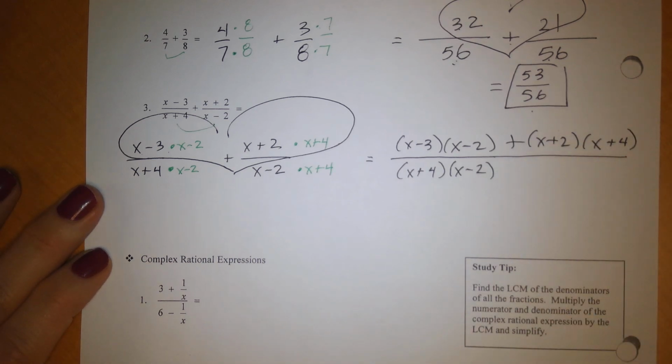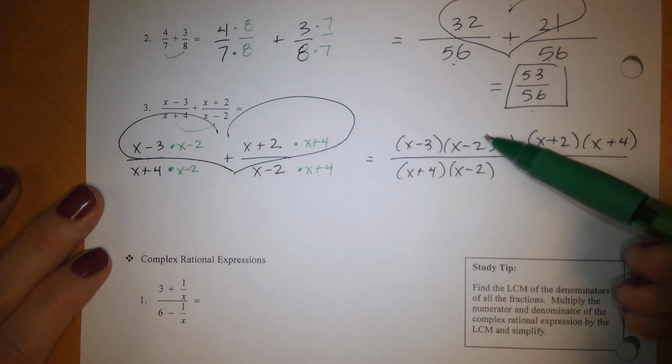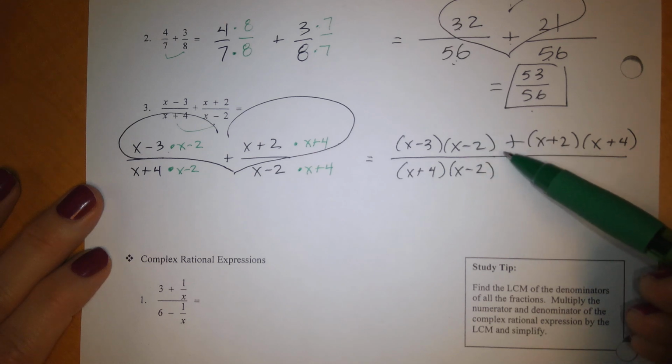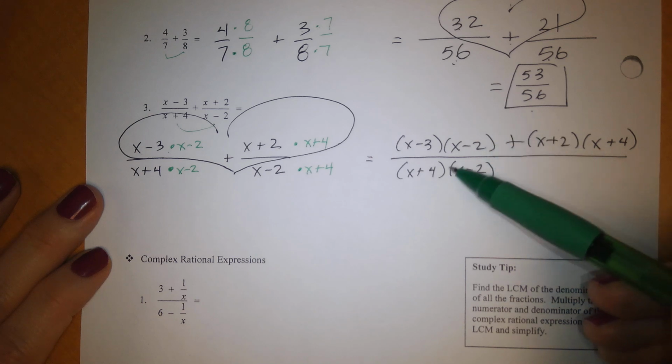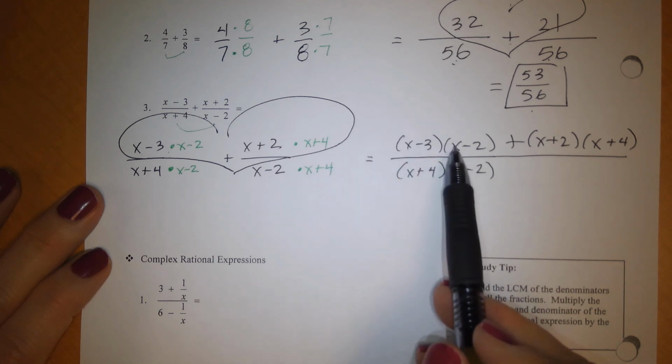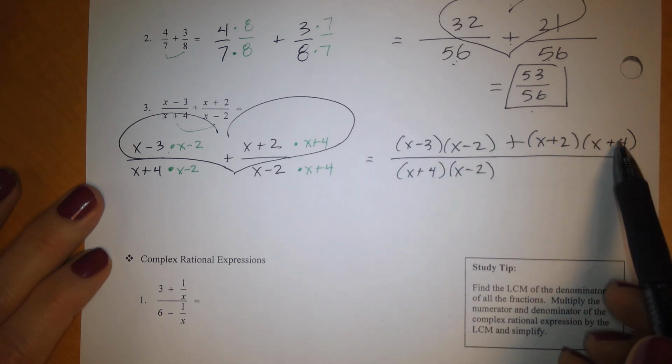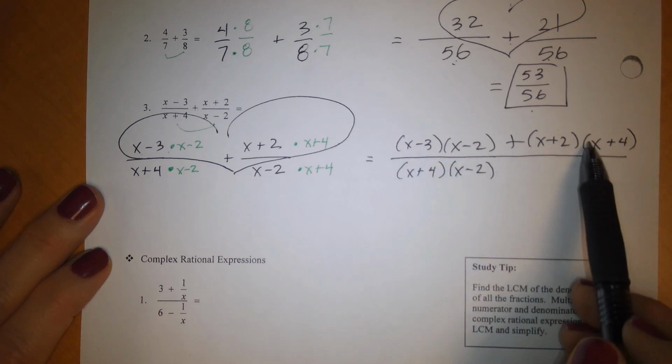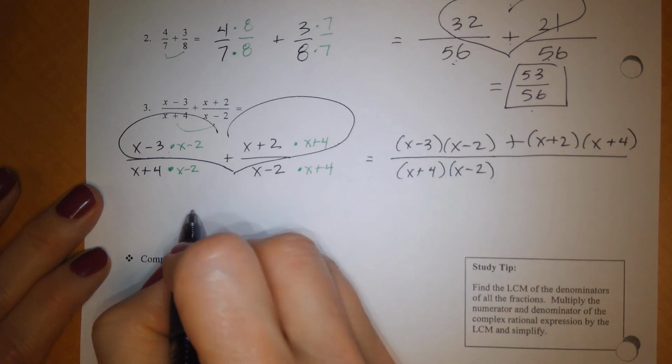Okay, at this point you do not want to cancel. We cannot cancel this family with this family because of the plus sign. Remember, anything that's being added to another term, you cannot cancel. So my only hope of simplifying this further is to FOIL this out, combine like terms, and then see if something will cancel.